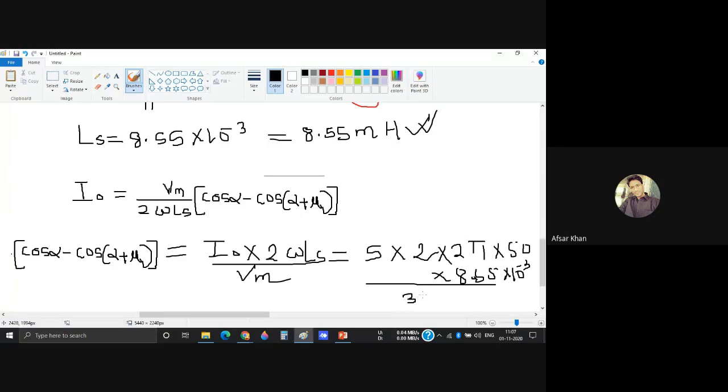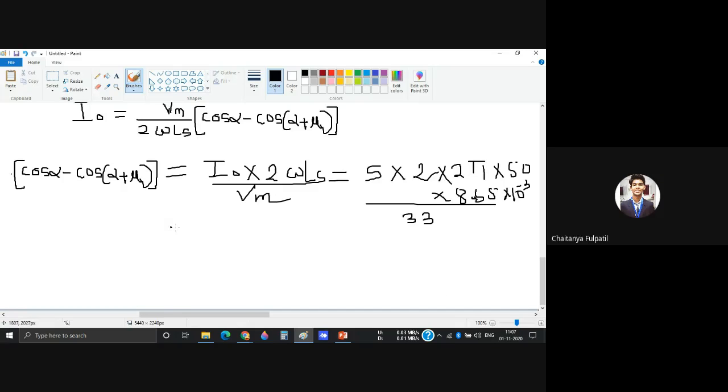What is this value? 0.0813. Everyone getting this one? Zero point zero 813, right? Yes, sir.